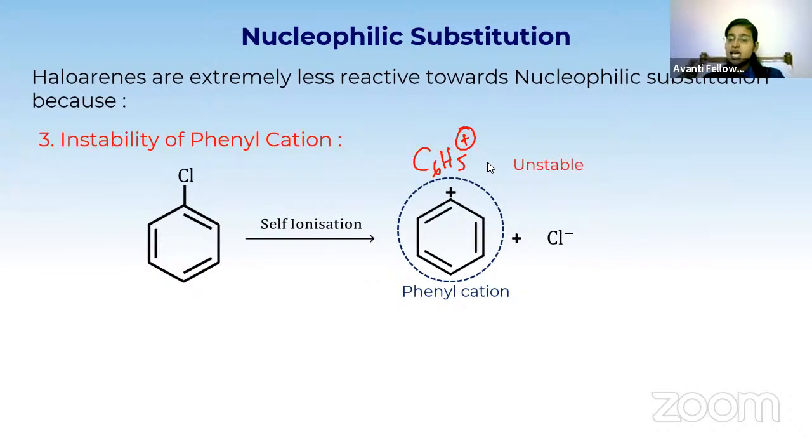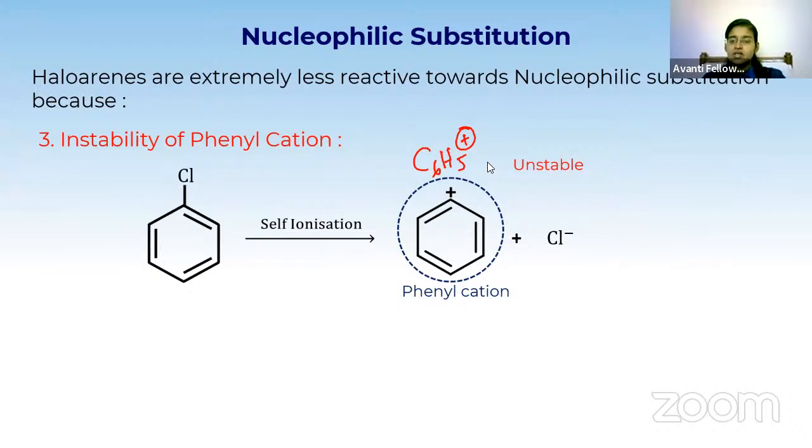Benzene is a stable compound, and if there is any charge present on the benzene, it will make the stable aromatic compound unstable. So there should not be any plus or minus charge on the benzene ring. It will destabilize the benzene.